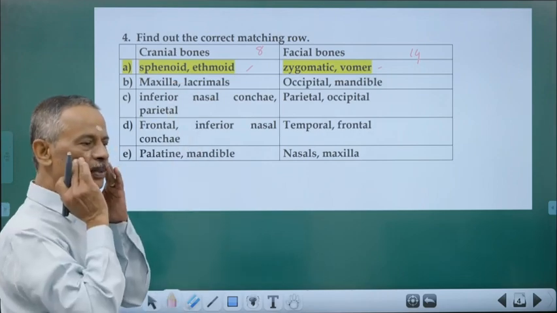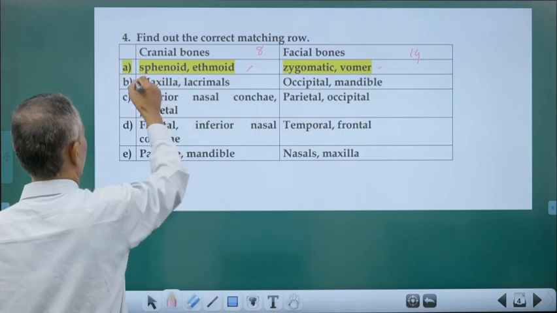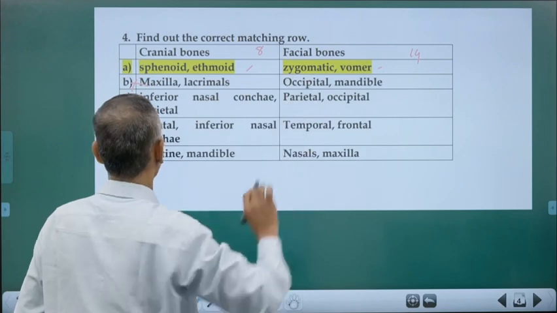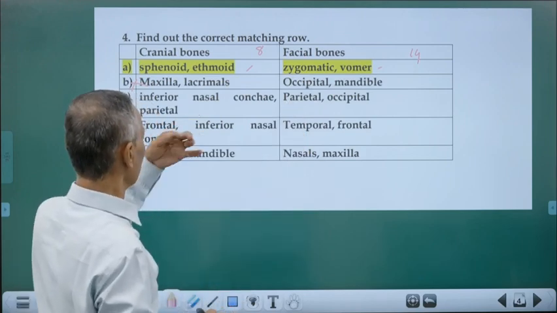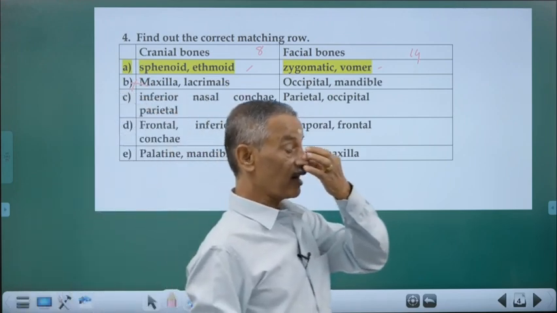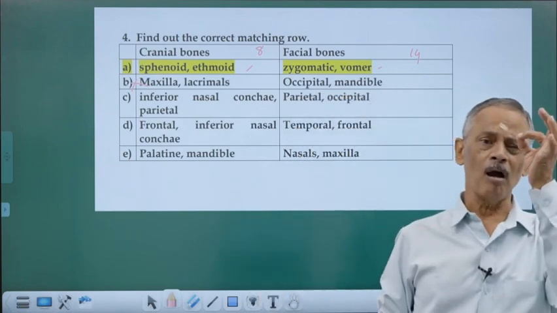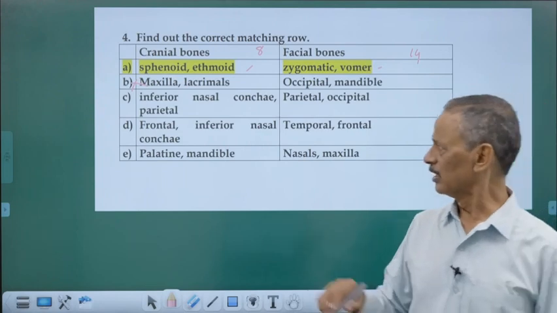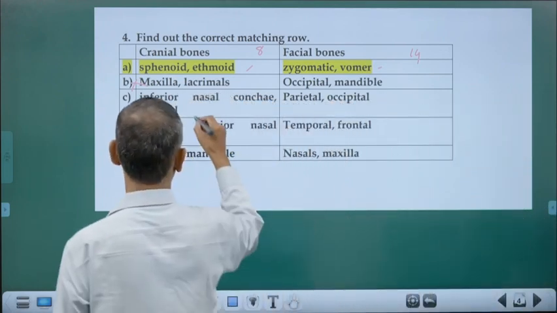Maxilla is the upper jaw bone. It is not a part of the cranial, it is part of the facial. So, this we can omit. Inferior nasal conchae, they are also called turbinals, small bones present in the nasal passage.